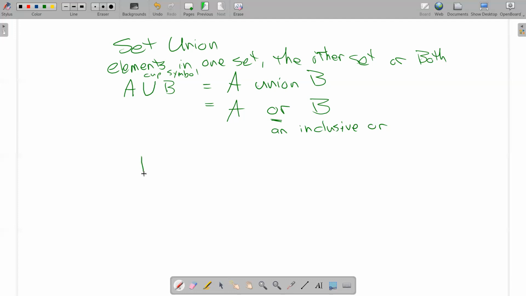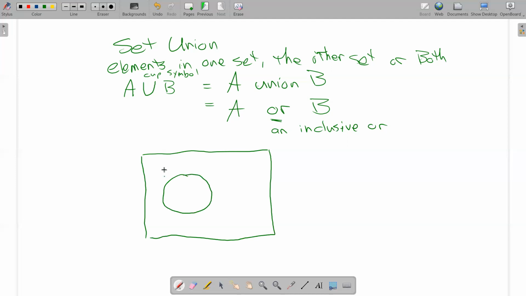So thinking about the same sets we've been messing with, set A here, set B here, the union would be everything in this figure 8 shape. That would be the union.